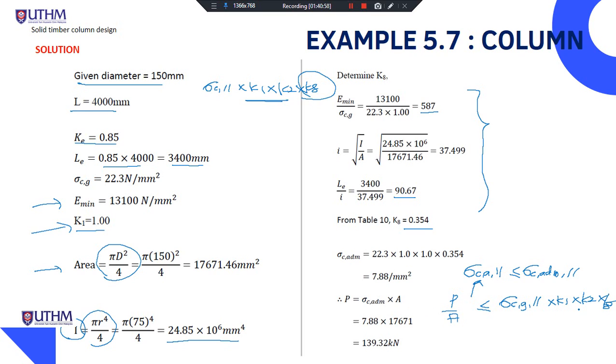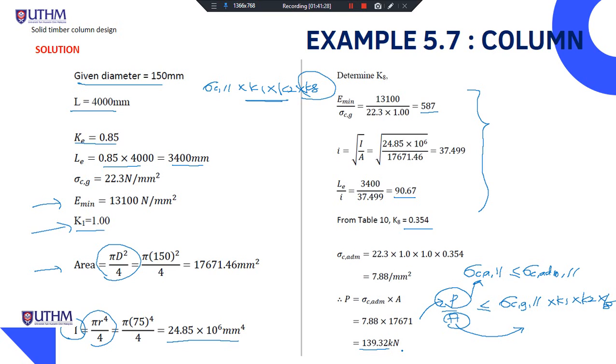Our K2 here is no load sharing system, so K2 is 1. Then you calculate P by bringing A to the right side, and you get P equal to 139.32 kilonewton. So this is example 5.7.